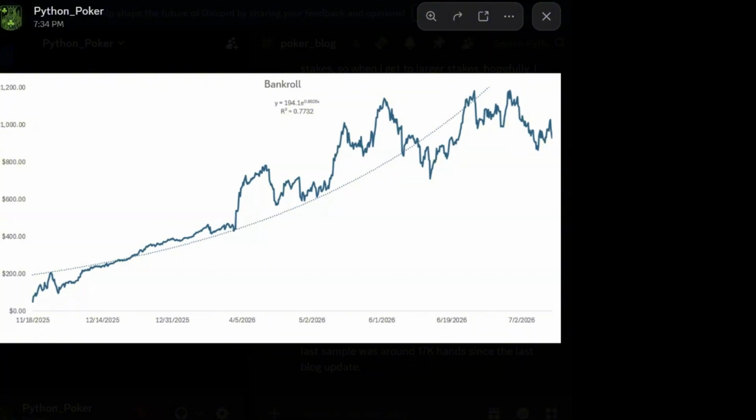So as you can see here, this is a bankroll graph starting from when we started this little journey here in November and up until now in July of 2026.